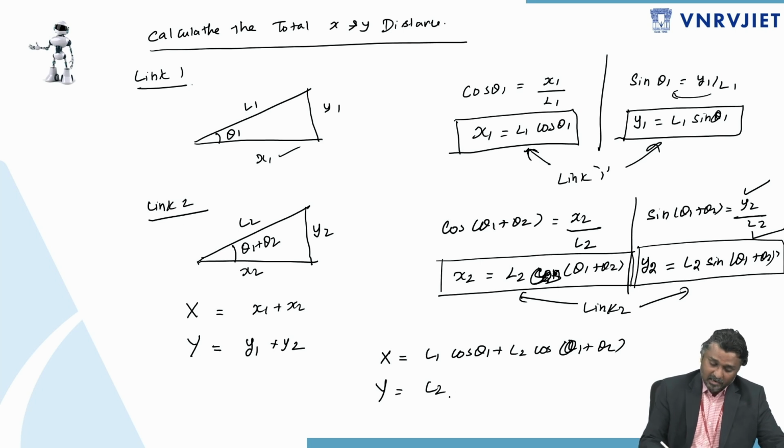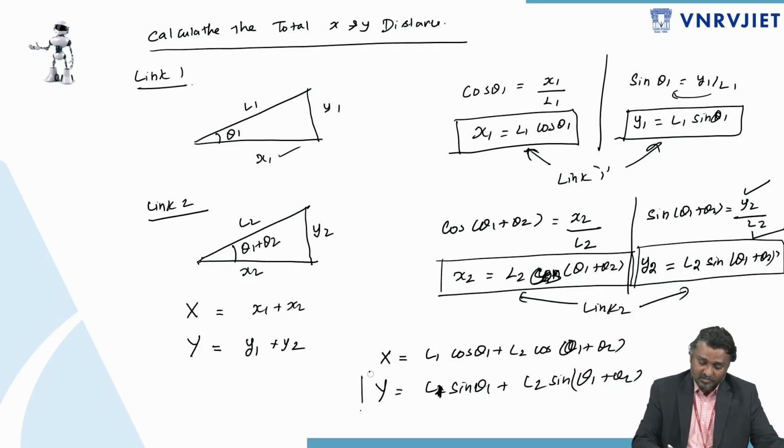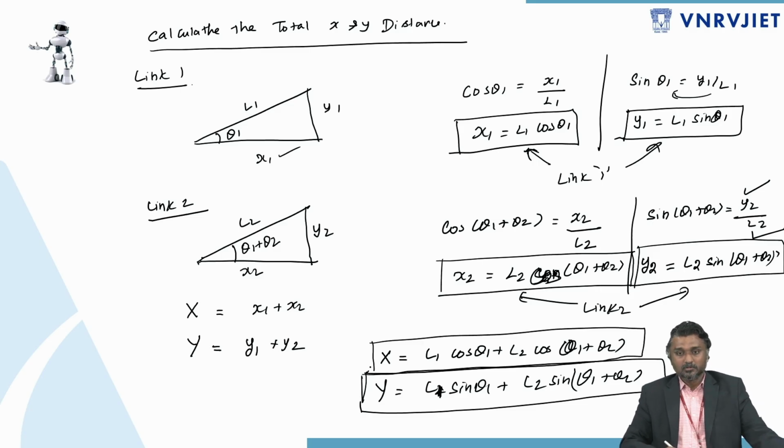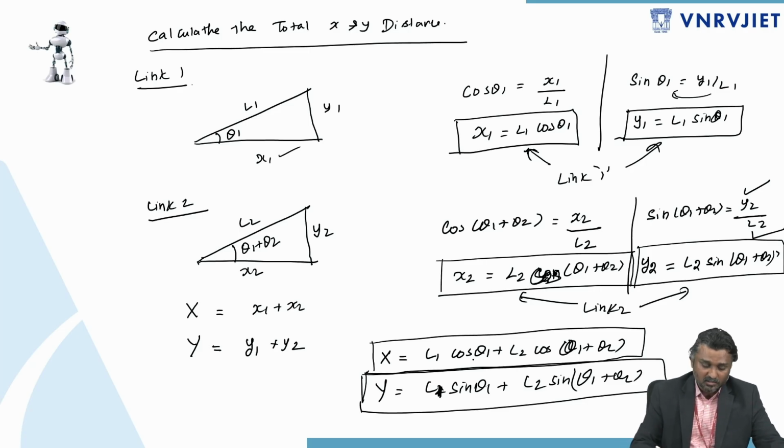So the total x distance is equal to L1 cos theta 1 plus L2 cos theta 1 plus theta 2. And the y distance is equal to L1 sin theta 1 plus L2 sin theta 1 plus theta 2. I am mentioning the y distance in sine and the x distance in cos. So this is the total x distance and y distance for the 2D arm.